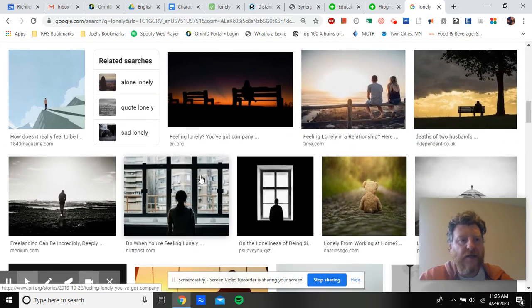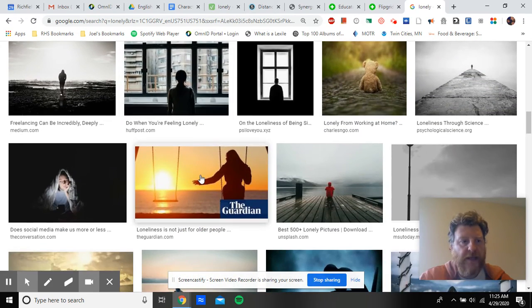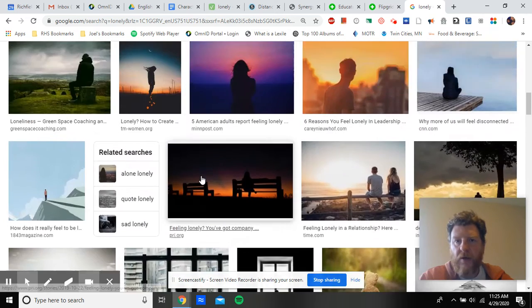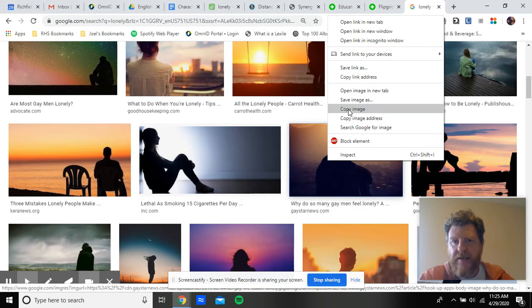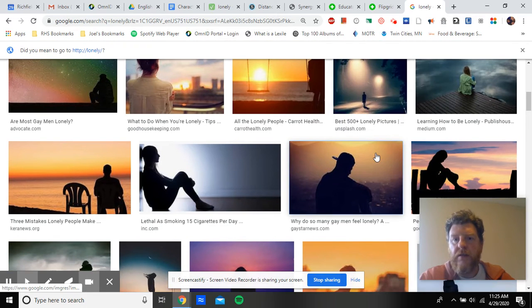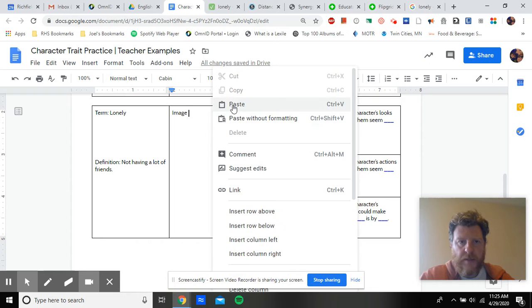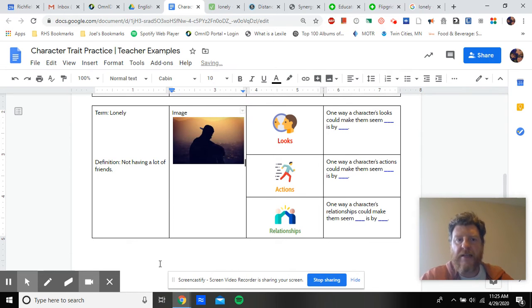And man, there's a lot of good images here to choose from, really. I think the one I'm going to go with is of this guy right here. He's sitting off by himself. Doesn't have a whole lot of friends around him. I'm going to paste that in right there. I think this image best represents the term lonely, meaning not having a lot of friends.